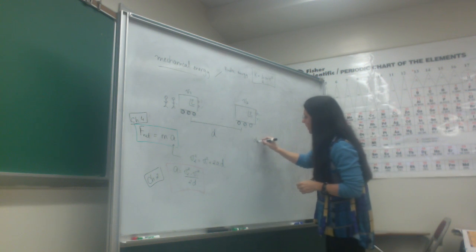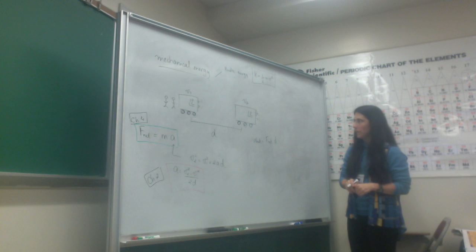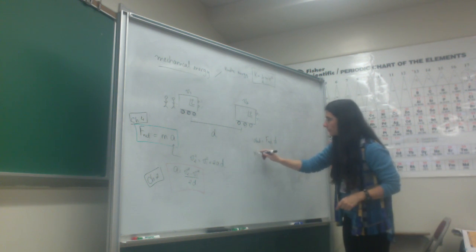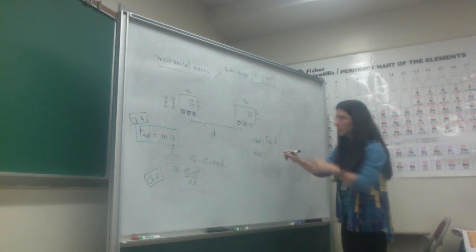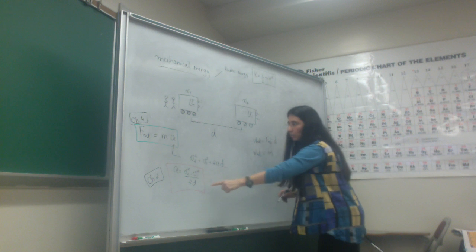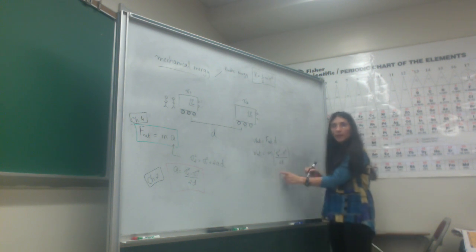So the work is the force multiplied by the displacement. Okay, so I'm going to write that equation that I have for the force, m times a. The a is this one, so I'm going to put it here: v2 squared minus v1 squared divided by 2d. So this is the a and the d.